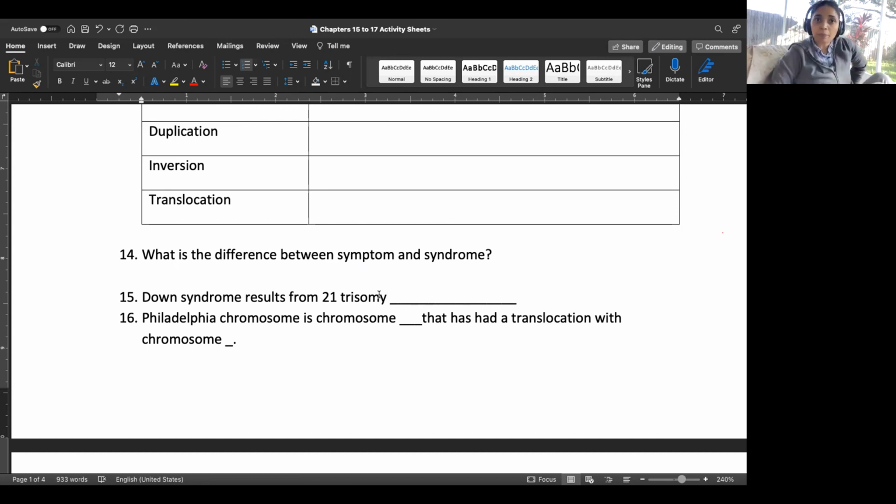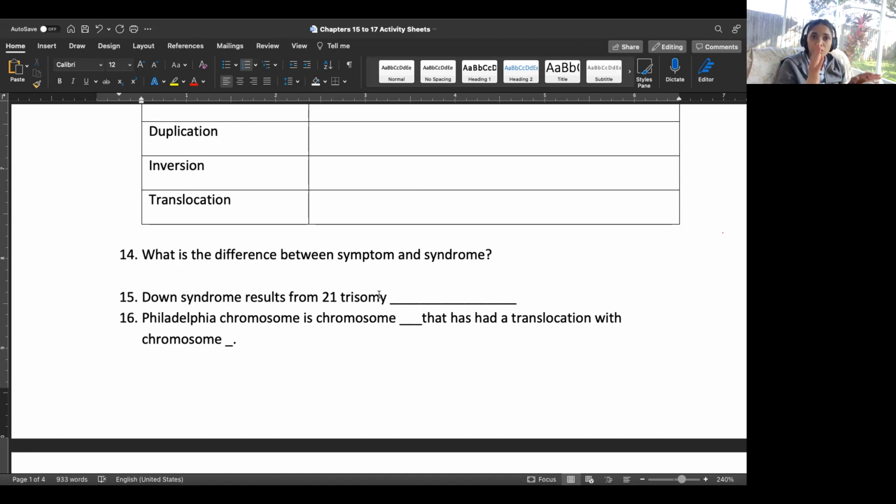People who have Down syndrome, in every cell in their body, have an extra 21. Not just one 21 from mom and one 21 from dad, but an extra 21 from either dad or mom. It's mostly mom, they say.